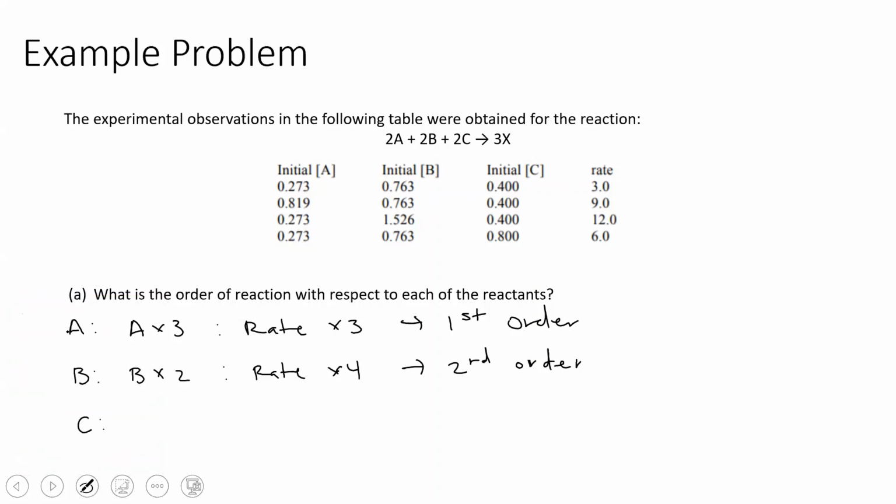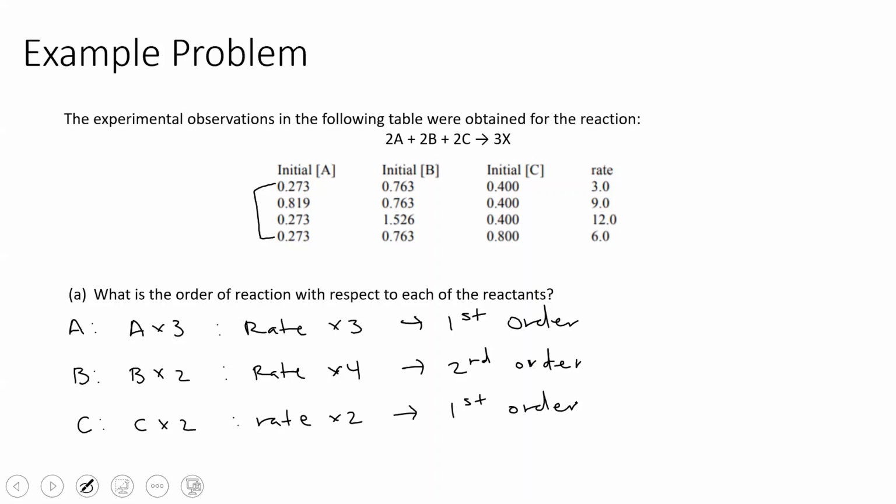We're going to use experiments 1 and 4. In this case, A is the same, B is the same, but C changes. So C doubles, it's C times 2. Then let's look at what happens to the rate. When C changes times 2, the rate also changes times 2. Because they change by the same amount, we know that it's first order.